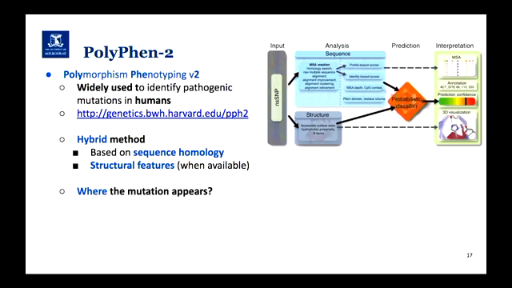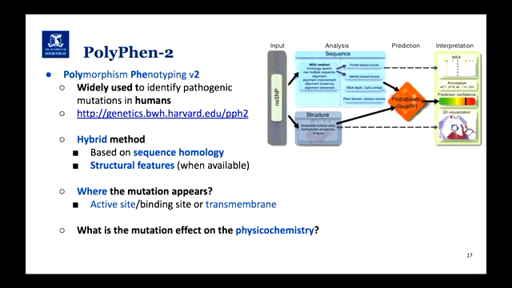So more than just asking, is this conserved, it's actually asking questions, for instance, where the mutation appears, whether the mutation appears in known active or binding sites, which are important for function. Therefore, you would consider them to be pathogenic, whether they are in different proteins in different regions, for instance, in transmembrane regions. And also asking the question, how is this mutation affecting protein physical chemistry? Okay?